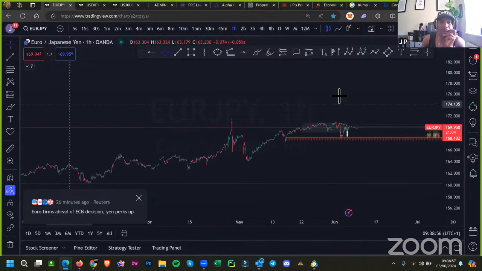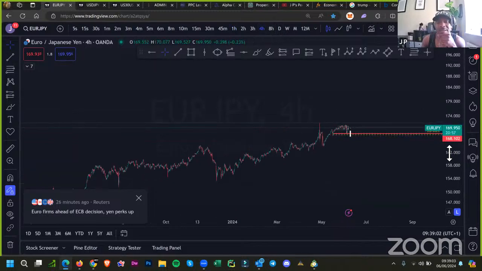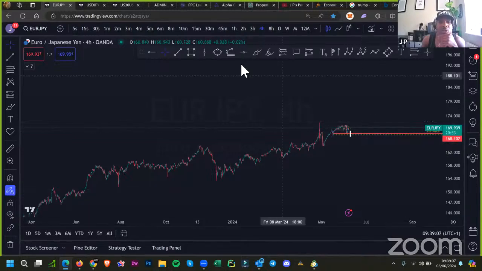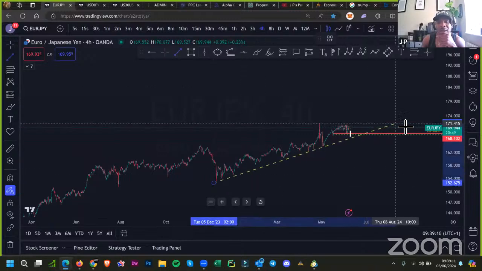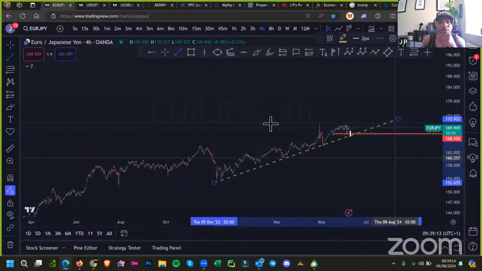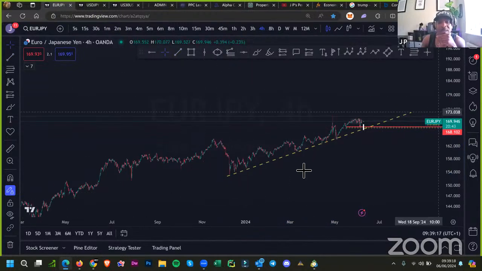Ultimately, this is Euro JPY. Alan was saying to me that the Japanese have been very dovish in regards to their interest rates, even though we know for the longest time that maybe they may have to increase them because their currency is a hot mess. They've been very dovish.